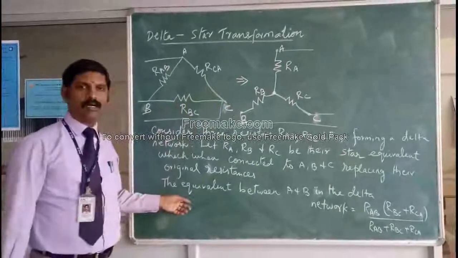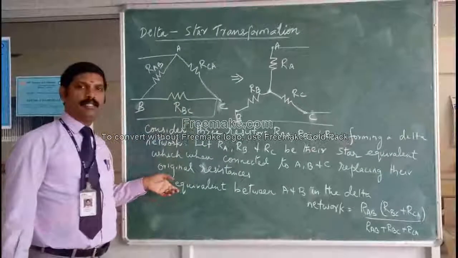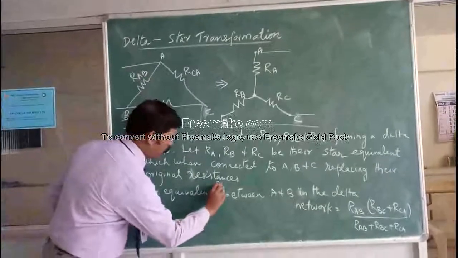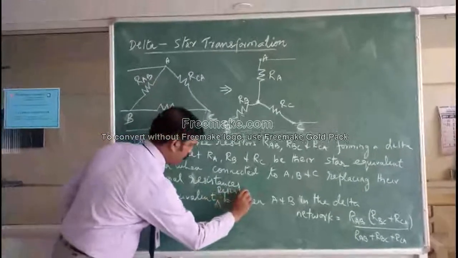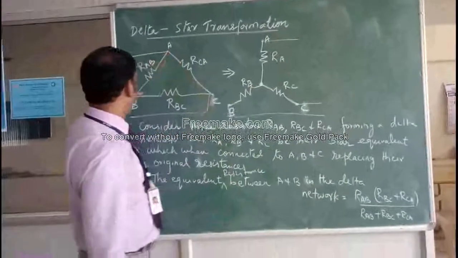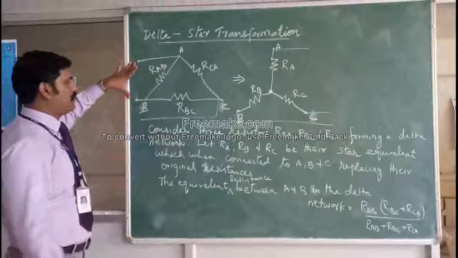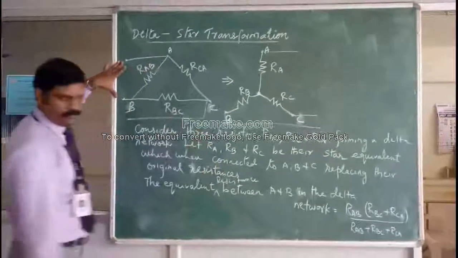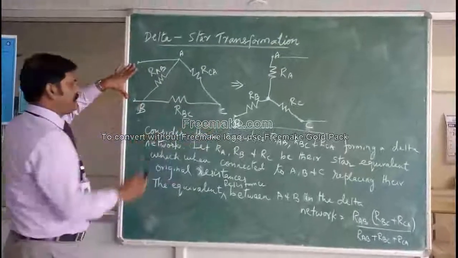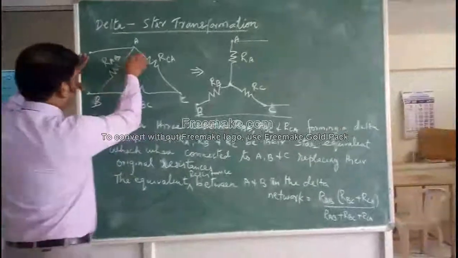Let us take this delta connection first. Here we find the equivalent resistance between terminals A and B. Ignore terminal C for now.